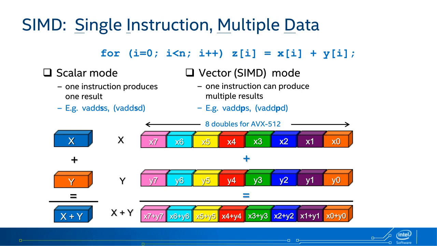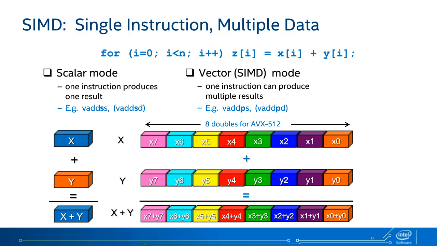Such machines exploit so-called data-level parallelism. As you know, there is also task-level parallelism, and we will talk about it later, but the next slides will talk about data-level parallelism and vectorization.